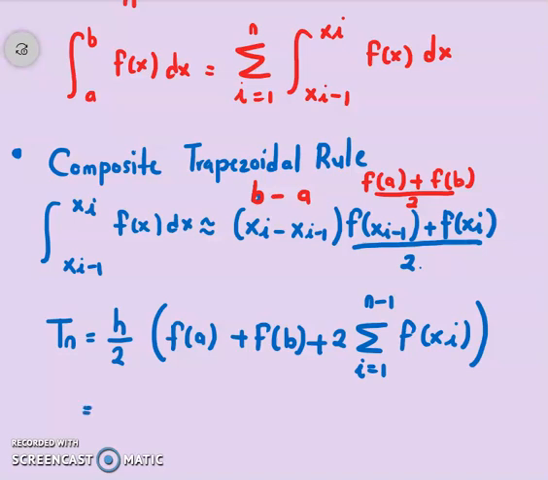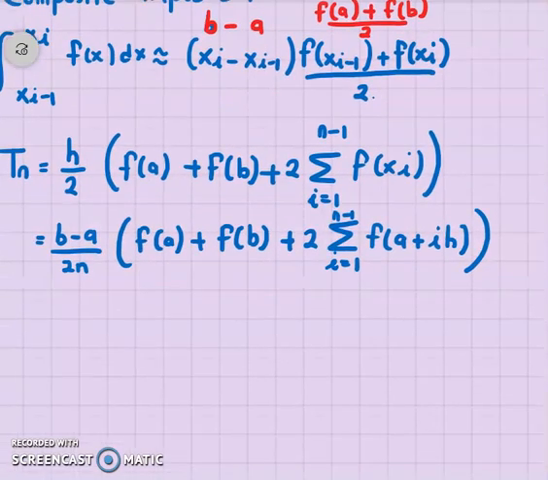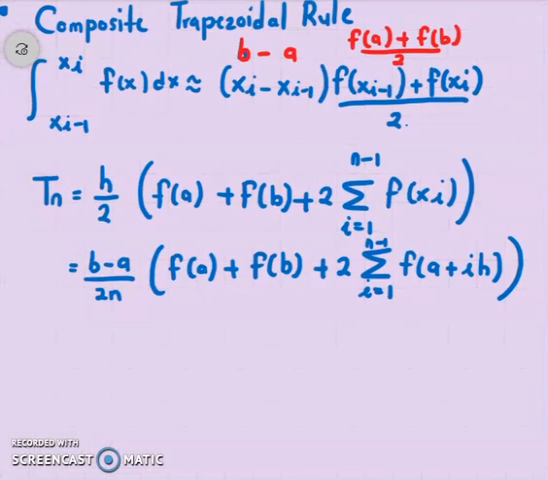Now h is b minus a over n, so we have b minus a over 2n times f(a) plus f(b) plus 2 times the summation i equals 1 to n minus 1, where xi is a plus ih, so I have f(a plus ih). So this is my composite trapezoidal rule that you can use.